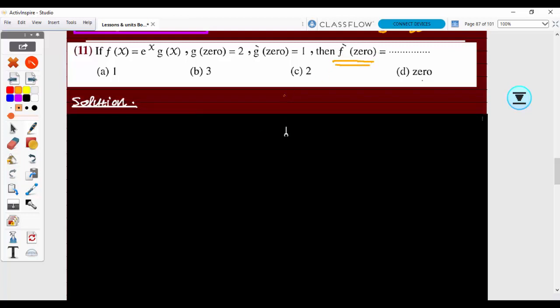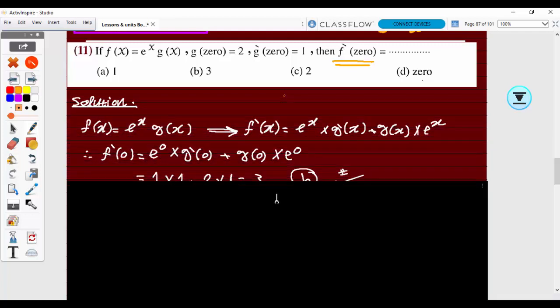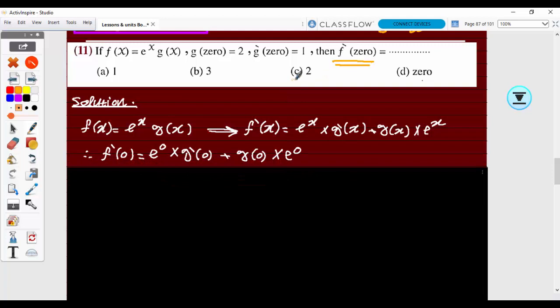Here, the required is to find f dash of 0. And f of x equals e power x dot g of x.